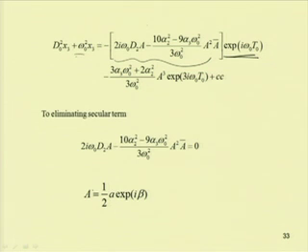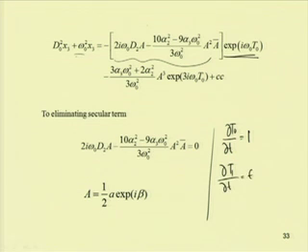Now, substituting this a equal to half a e to the power i beta in this equation, and recalling that del T 0 by del t equal to 1, del T 1 by del t equal to epsilon, and del T 2 by del t equal to epsilon square.